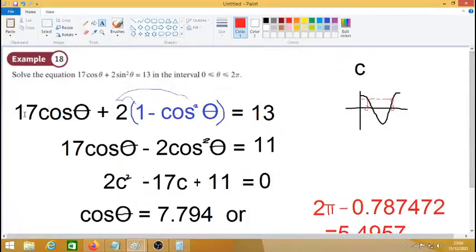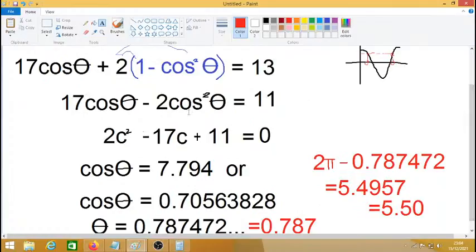Okay, so we've got 17 cos theta, and then we're adding 2 and then subtracting 2 cos squared theta. Okay, so then that is equal to 13. The plus 2 can go over to the other side, so that's 11. Then you've got 17 cos theta minus 2 cos squared theta.